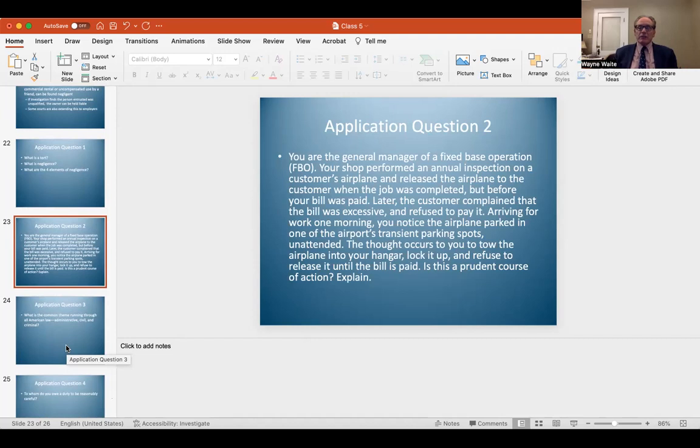Later, the customer complained that the bill was excessive and refused to pay it. Arriving for work one morning, you notice the airplane is parked in one of the airport transient parking spots, unattended. The thought occurs to you to tow the airplane into the hangar, lock it up, and refuse to release it until the bill is paid. Is this a prudent course of action?